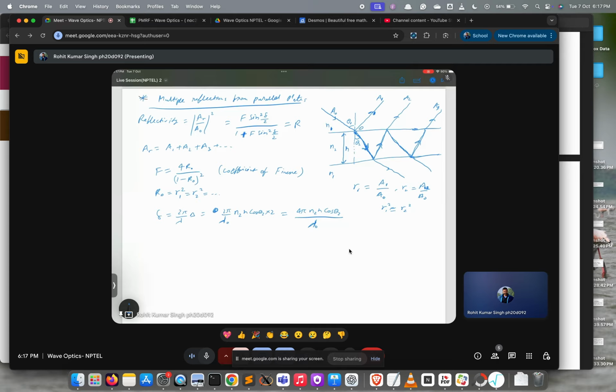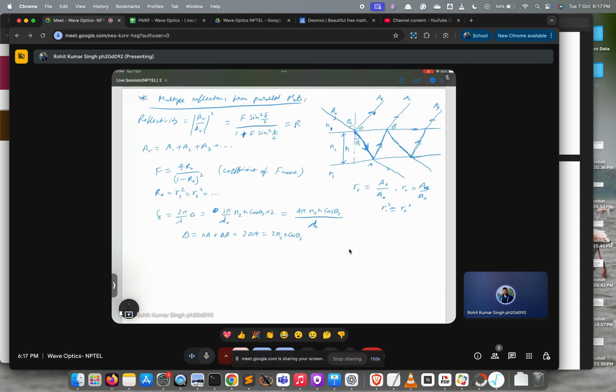If this is O, this is A, this is B, the path difference is basically OA plus AB, which is the same, so it is just 2 into OA, which is 2 n2 h cos theta 2. So that is what we have written here. So this is the phase difference.